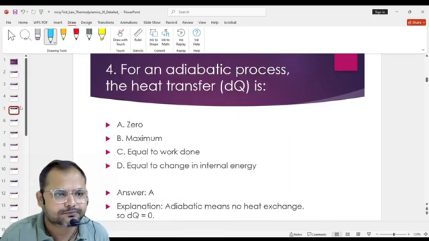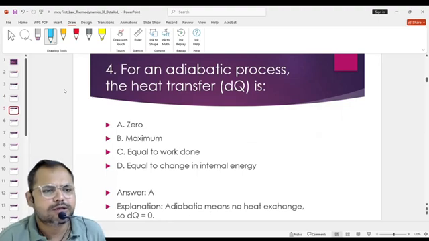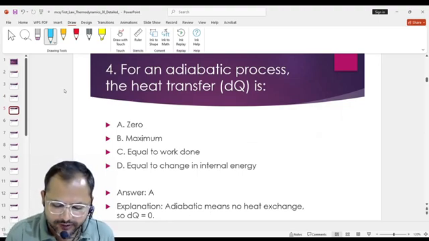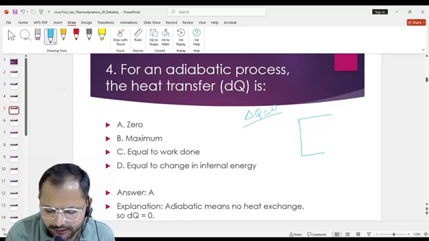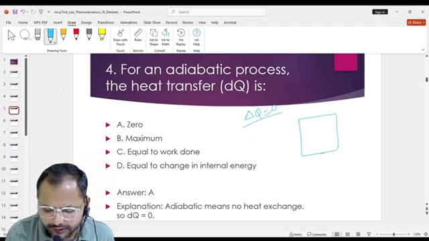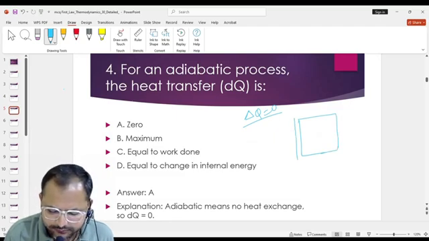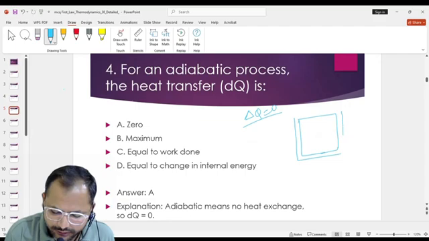Next question. For an adiabatic process, the heat transfer is, heat transfer will be zero. Because in case of adiabatic system, container is completely insulated.